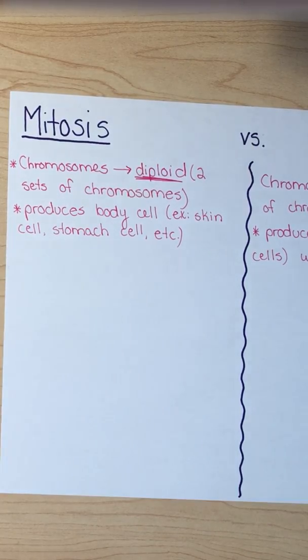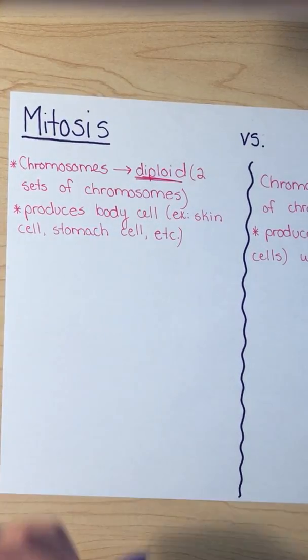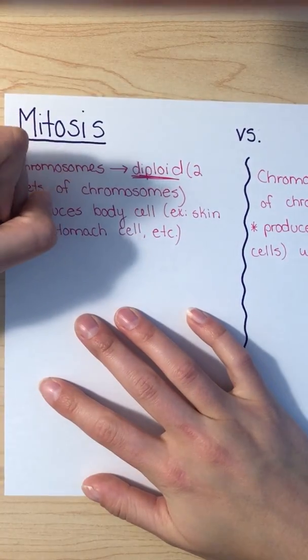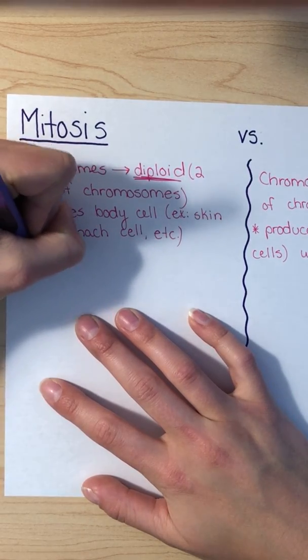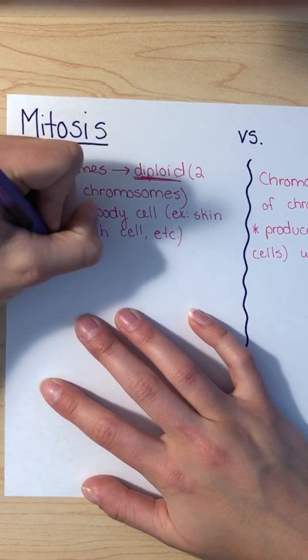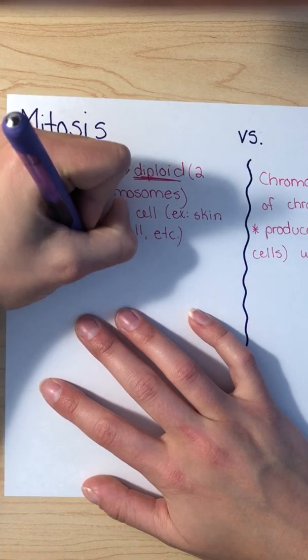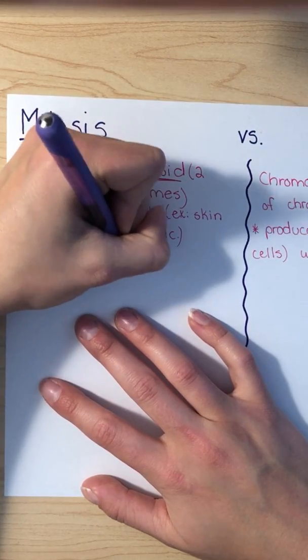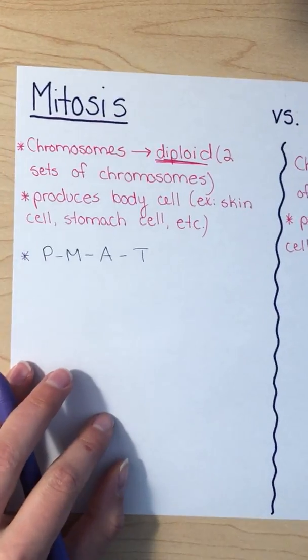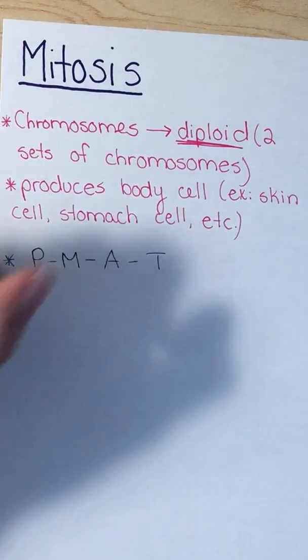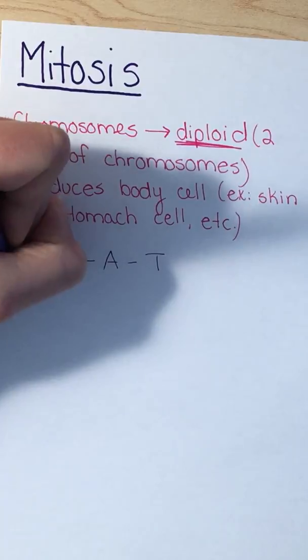So next I want to talk about the process of mitosis versus meiosis, okay? So what's great about these is that they are similar, okay? So mitosis follows PMAT, okay, which is the process of prophase, metaphase, anaphase, and telophase, okay?